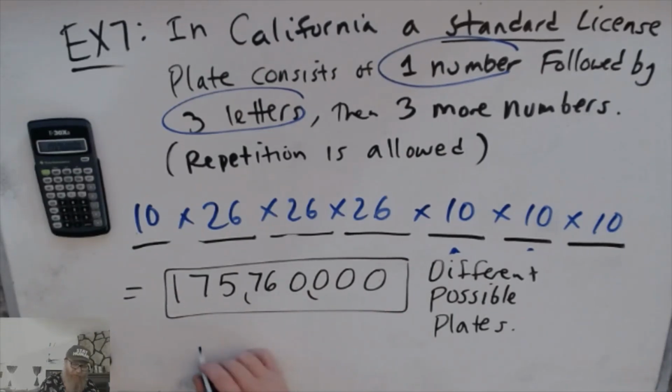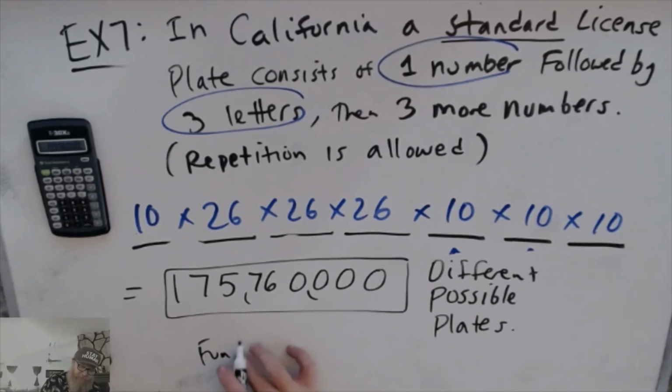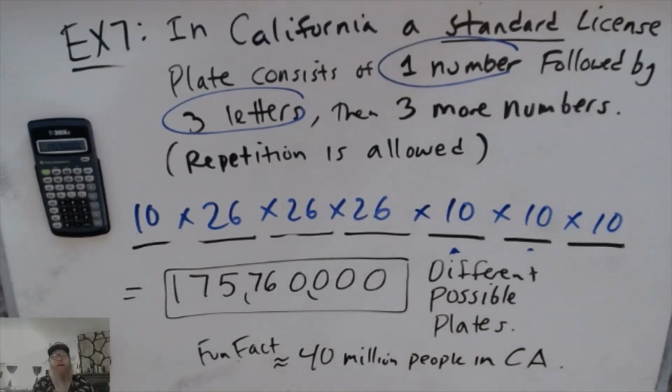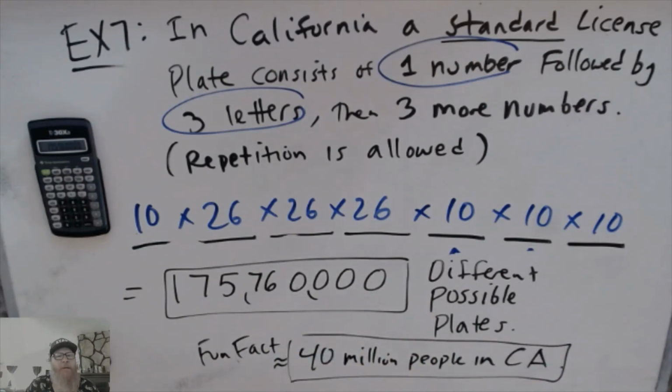A little fun fact about California, if you don't already know this, there are 40 million people approximately in California. And you've got 175 million different possible license plates, so we've got room to grow.